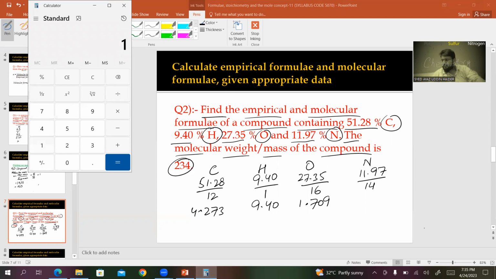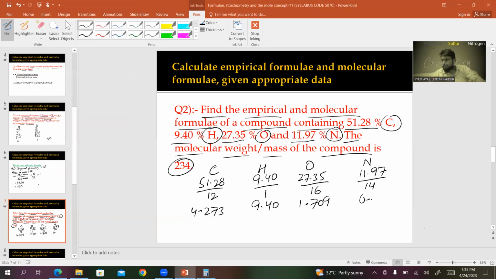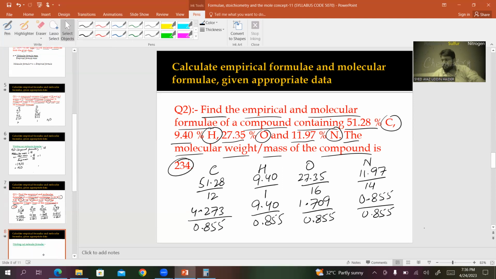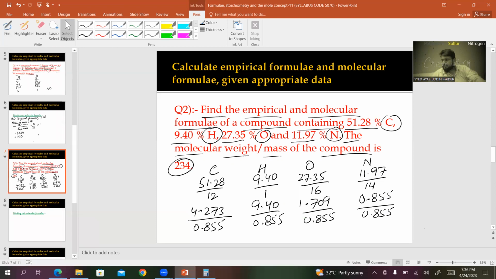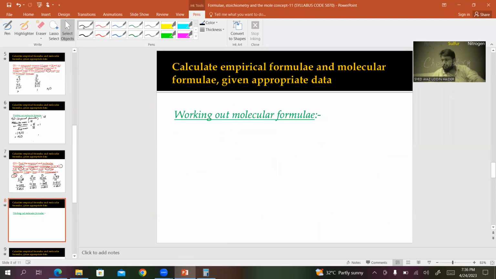For nitrogen, 11.97 divided by 14, the answer will be 0.855. So 0.855 is the smallest number, so we will divide all the values by 0.855. I will continue the calculation on the next slide.